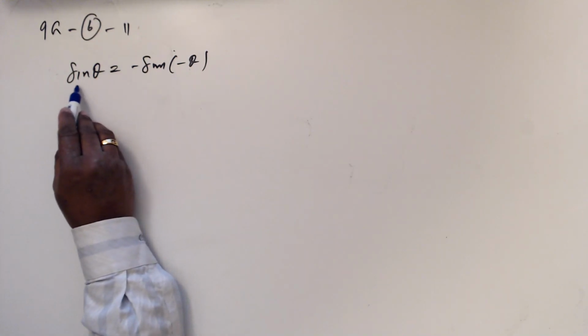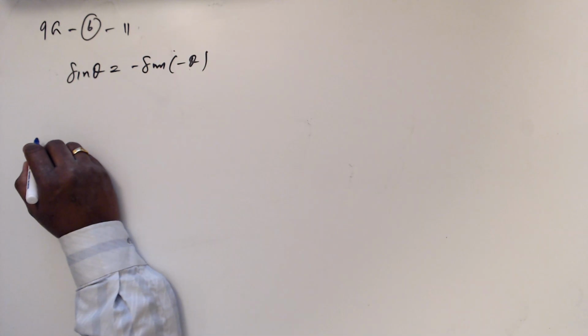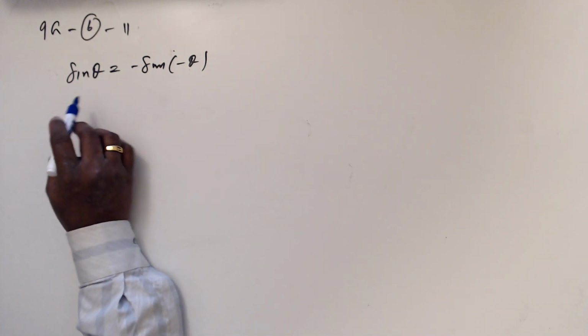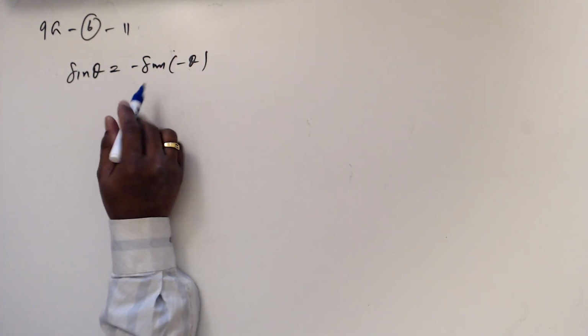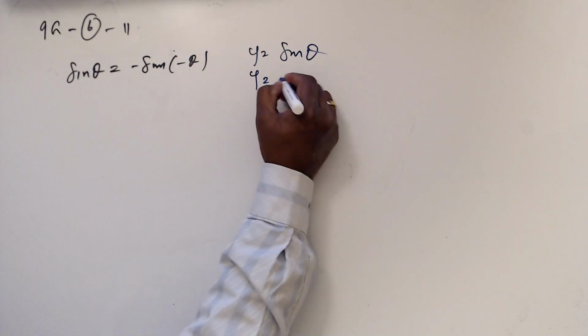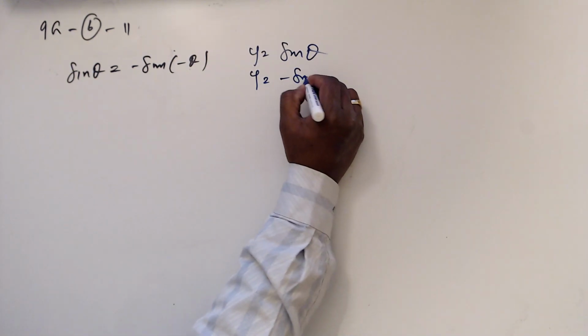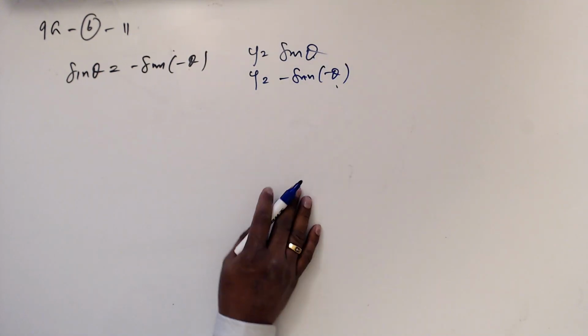Number 2, we want to show that sine theta equals minus sine of minus theta. Basically, sine theta and this one are both the same. If you draw y equals sine theta and y equals minus sine of minus theta, they are going to be the same.